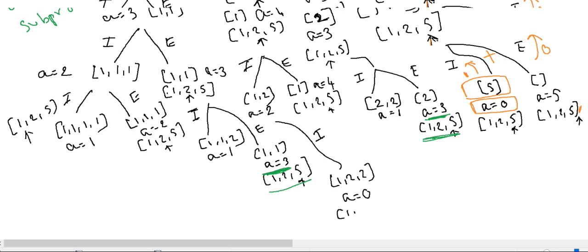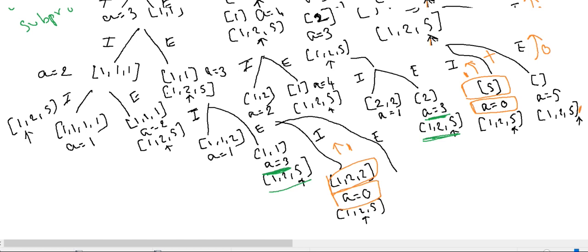My pointer will still be pointing at 2, but since I have reached amount 0, I'm considering that I'm able to find a combination, which is 1, 2, 2. So I'm going to return 1 from here. I found one combination. Now let's do exclude here.